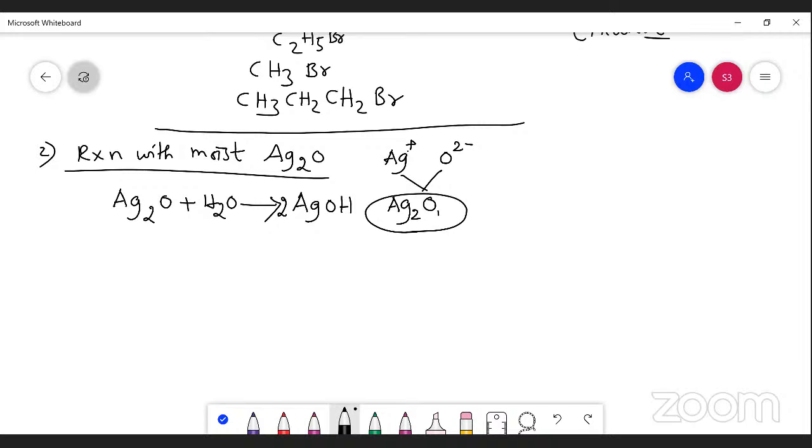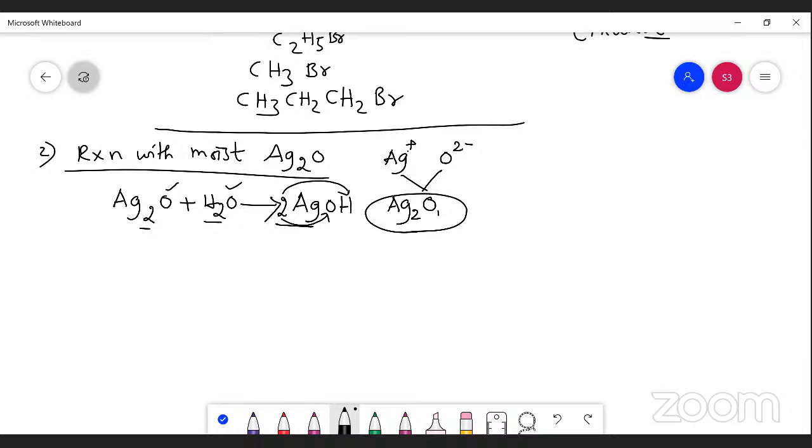Then silver is Ag2 here and 2 Ag here, hydrogen is 2 here, and oxygen is 2 here, so it is already balanced.